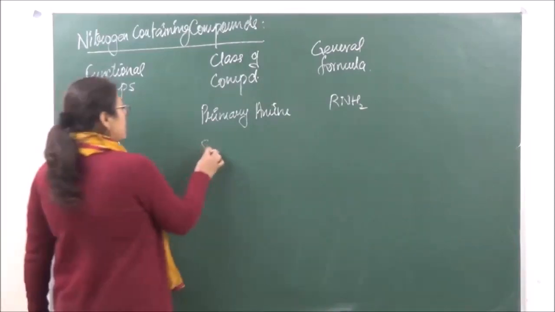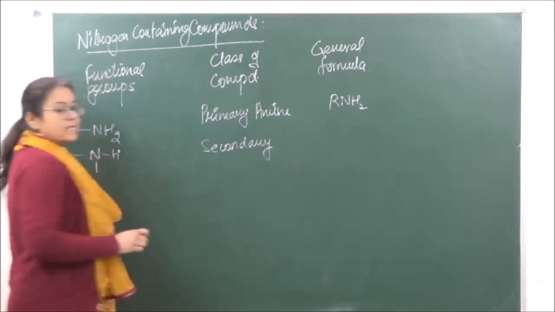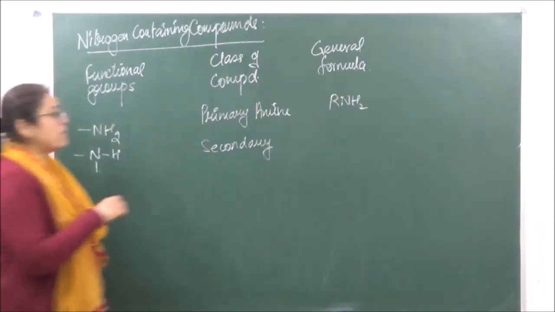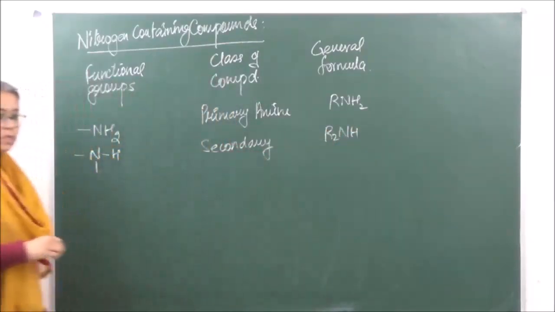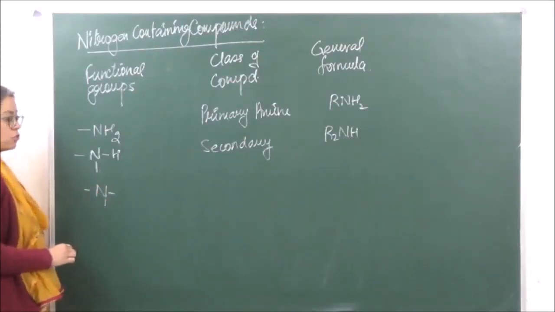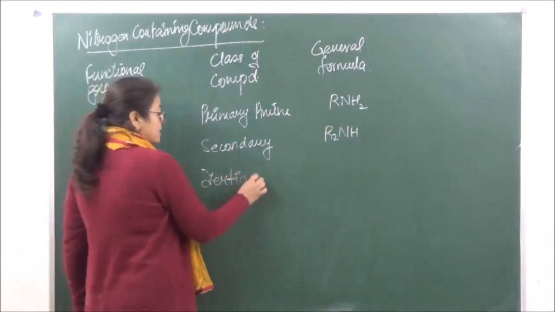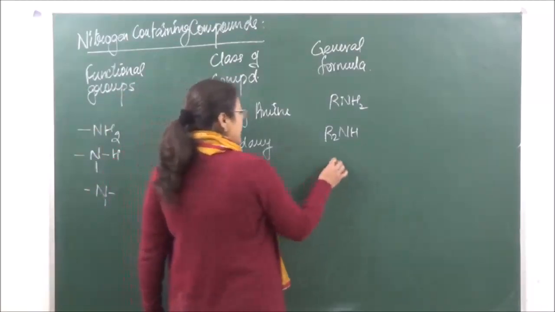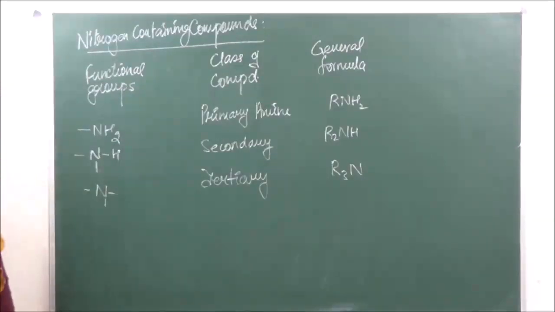The class of compounds, these are known as secondary amines and they generally have the formula R2NH. Okay? Then we want to have all three hydrogens substituted by alkyl groups. These are known as tertiary amines and they have the formula R3N. Okay? So this is going to be the formula of the primary, secondary and tertiary amines.